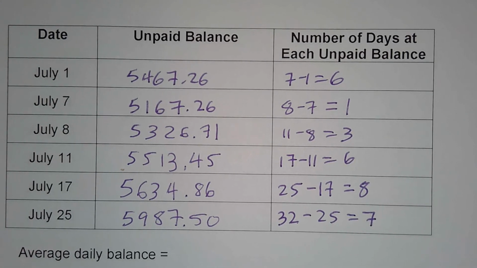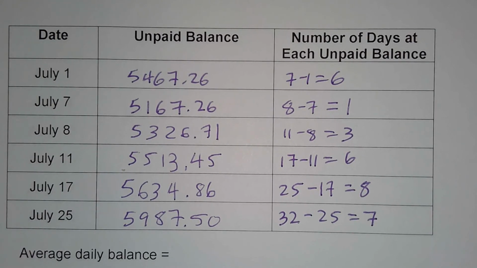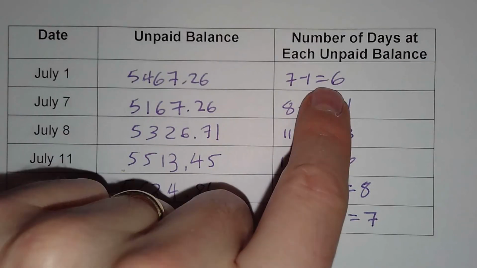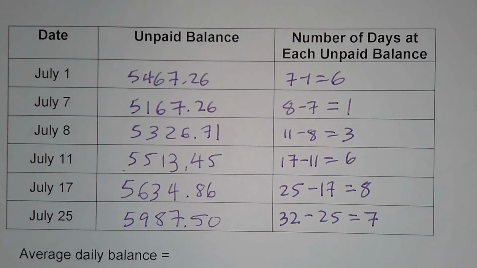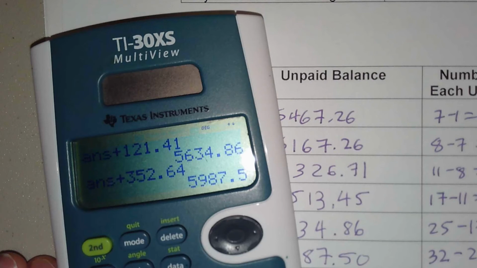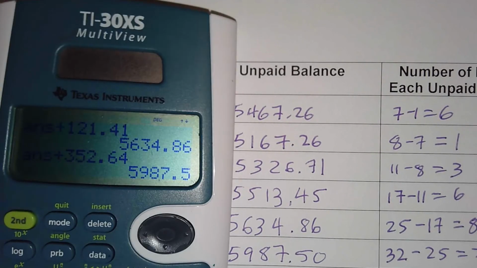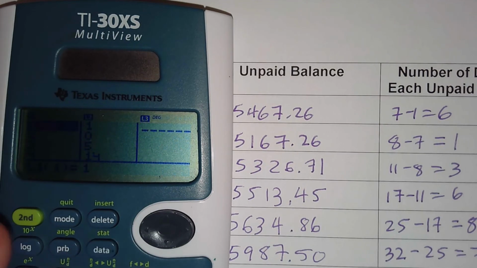So, we're going to treat this like a frequency distribution. This is our data, and this is our frequency. The number of days acts as our frequency. So we're going to put that into our calculator. Again, I'm going to do my data key again, clear everything out.